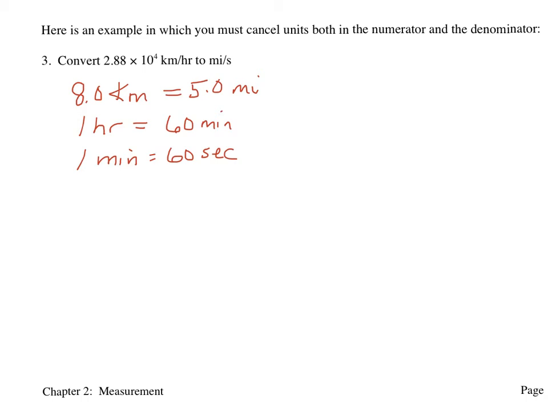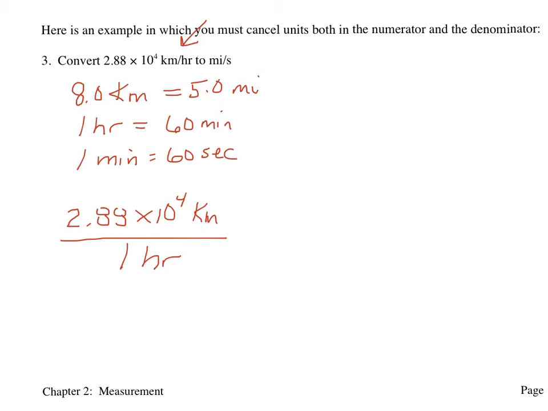When you start the problem, and this is super important, do you see where it says km/hour? What you should do is write down this number like this: 2.88 times 10 to the 4th, and write the kilometers, but put it over 1 hour, like that.